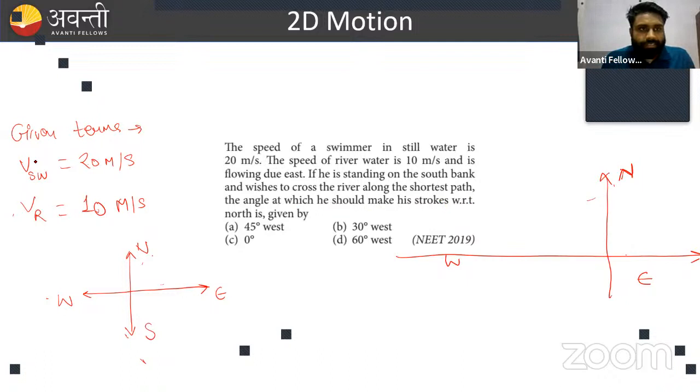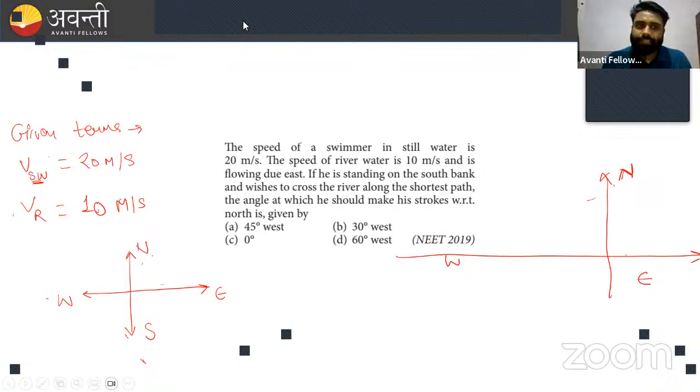So we are provided here the given term VSW. What is the meaning of VSW? It is the velocity of swimmer with respect to still water. The speed of the swimmer in still water is 20 meter per second, and the velocity of river in east direction is 10 meter per second.